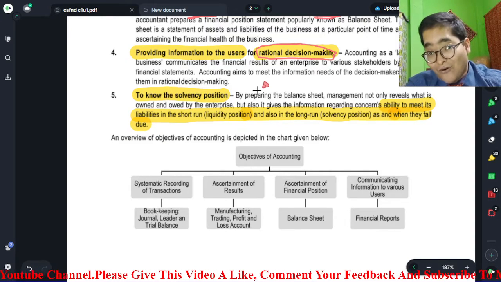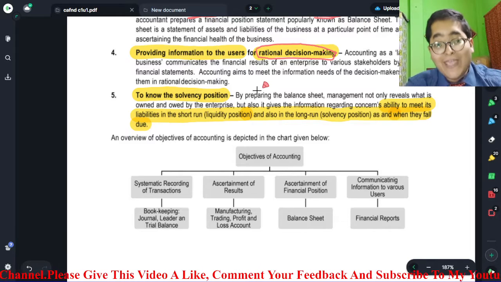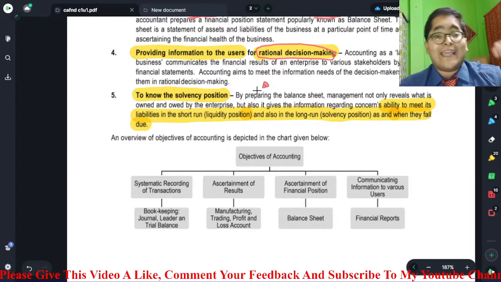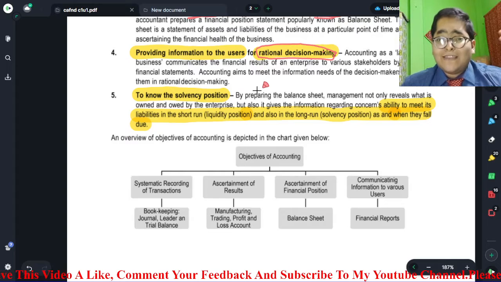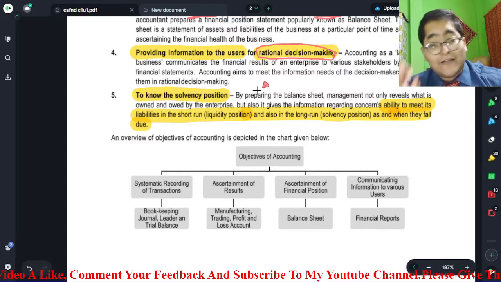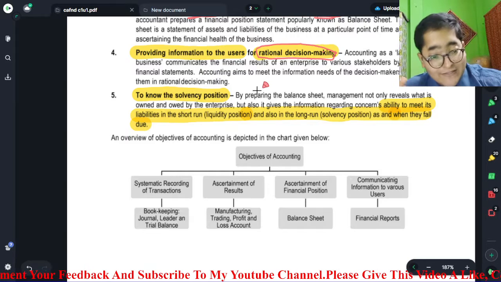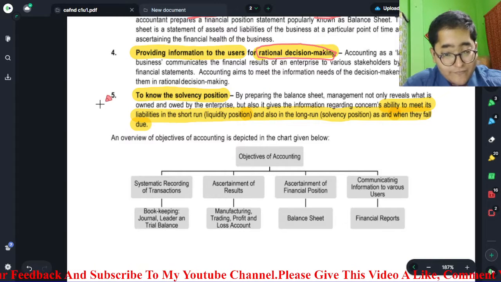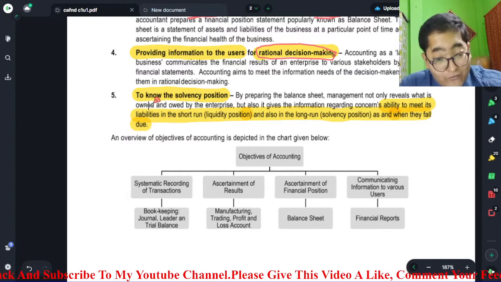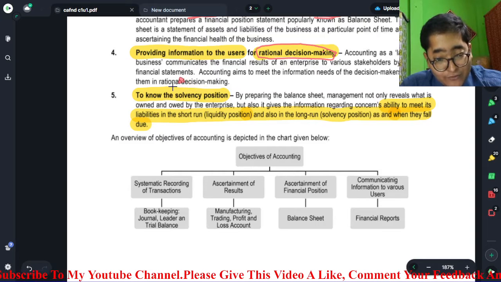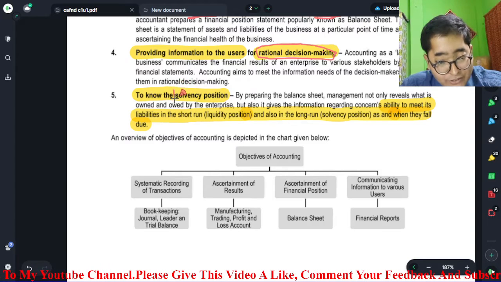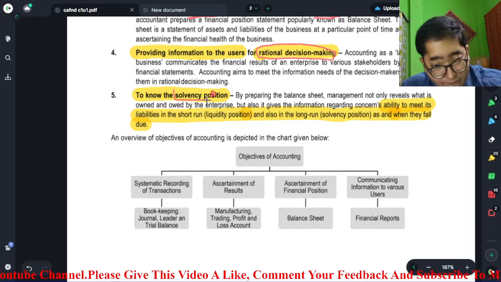Otherwise, if he cannot take proper decisions, the business would be misled. That is why rational decision making is very important. Number 5, to know the solvency position. So this is important. Solvency position. What is the solvency position?